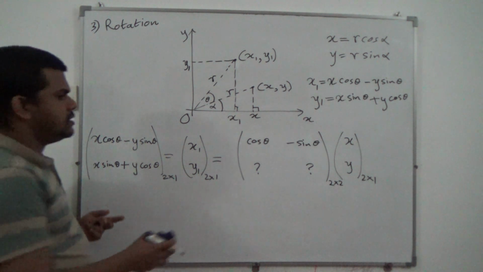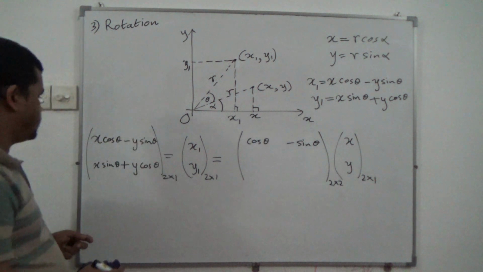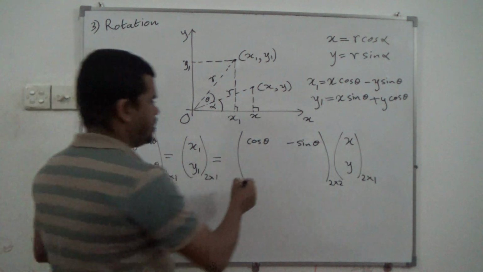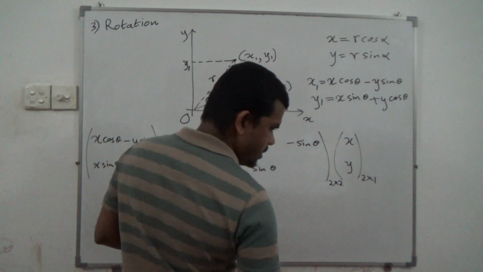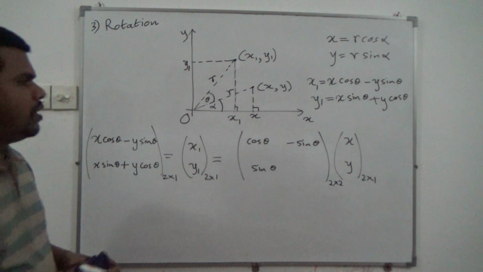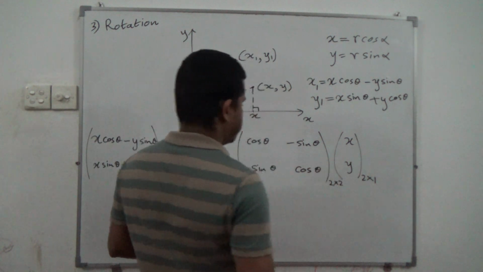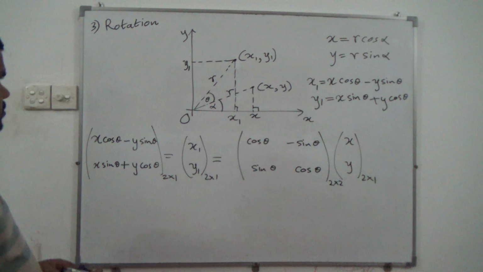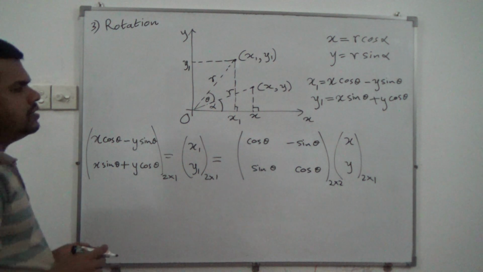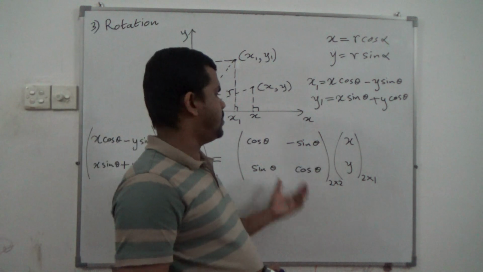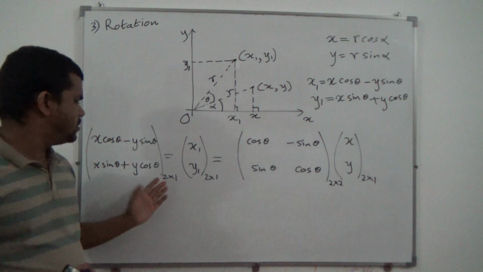Now in order to get x sin theta plus y cos theta, definitely we can find a matrix that can transform this one to this.